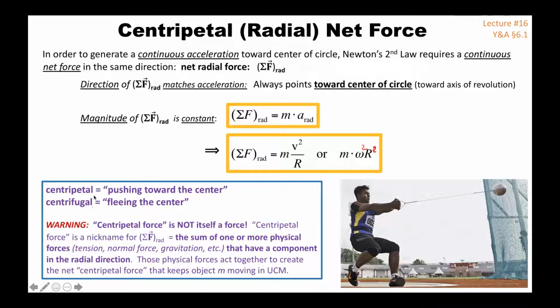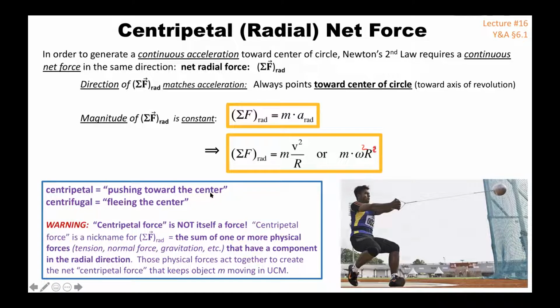Now, also a quick vocabulary clarifier. When you see the word centripetal, which I will once in a while mispronounce on purpose as "centripedal," just to really distinguish it from centrifugal, but centripetal is the way it's usually pronounced. The "petal" part means pushing toward. So centripetal means pushing toward the center.